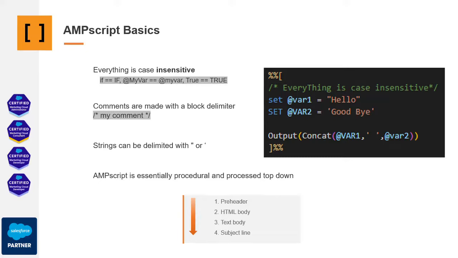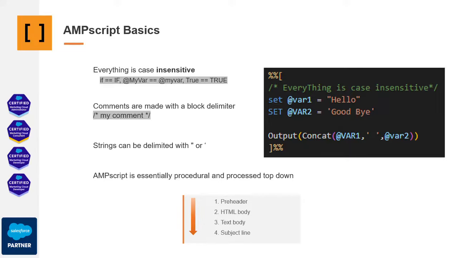First, we're going to cover some fundamental concepts that are crucial across all programming languages. These are essentially features that languages possess and sometimes differentiate from others that are more restrictive. For instance, AMPscript is case-insensitive. This means that it doesn't matter how you write variables or conditionals, it treats them the same way.